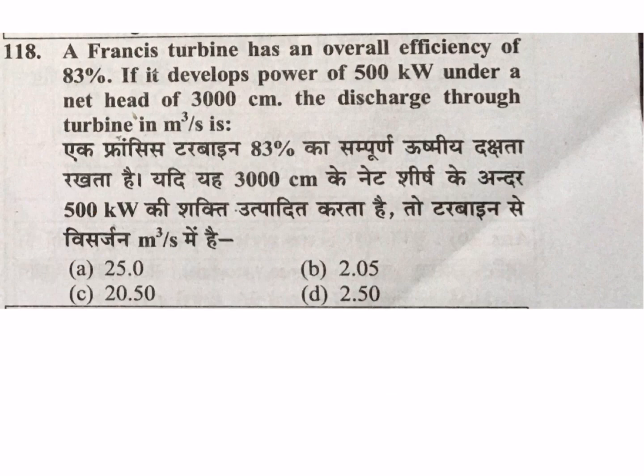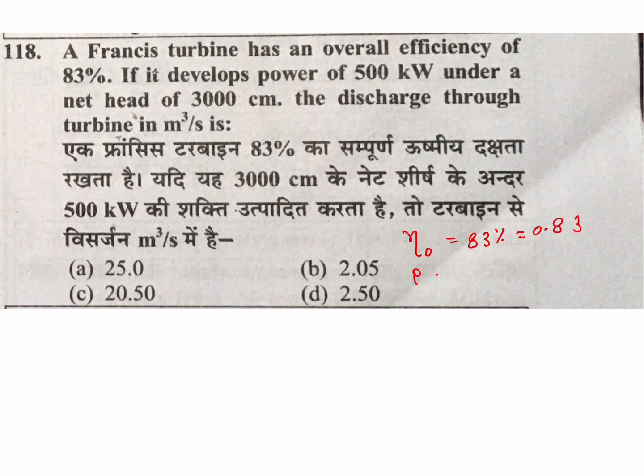Next question. A Francis turbine has an overall efficiency of 83%. If it develops power of 500 kilowatt under a net head of 3000 centimeter, the discharge through the turbine in meter cube per second is how much? So data given, overall efficiency how much? 83% or 0.83.